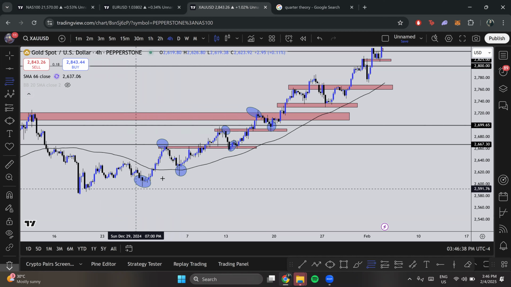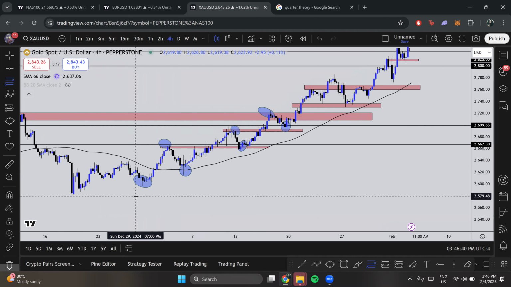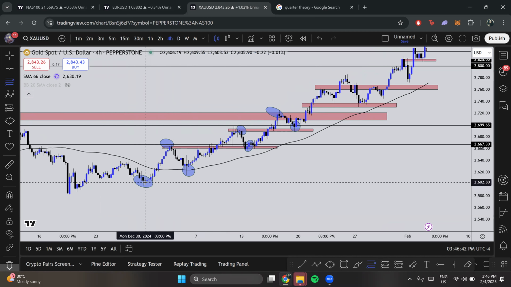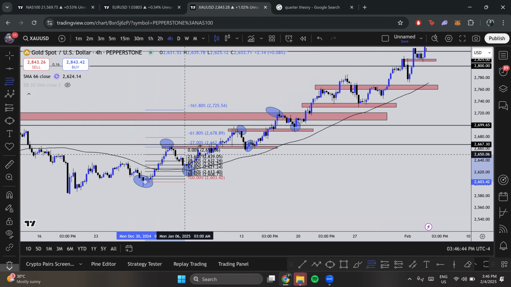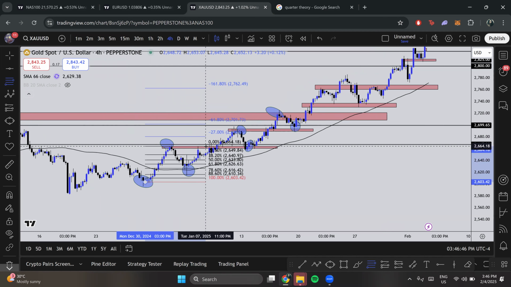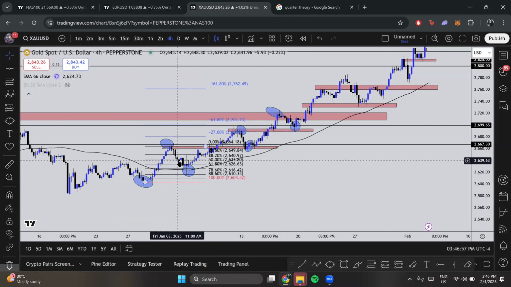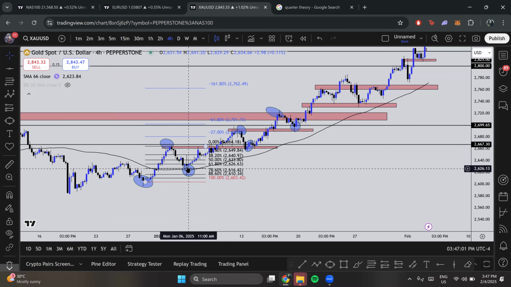So I will be pulling from the bullish candle to the bullish candle because it's an uptrend, wick to wick. You would notice that the retracement on this particular area came all the way down to basically 61, while the wick areas were a bit deeper, which is the 78 and 88.